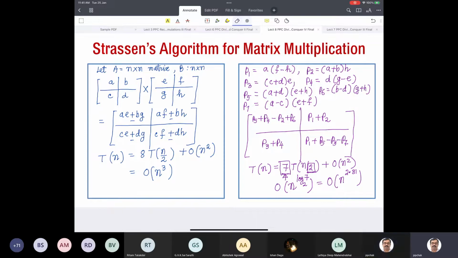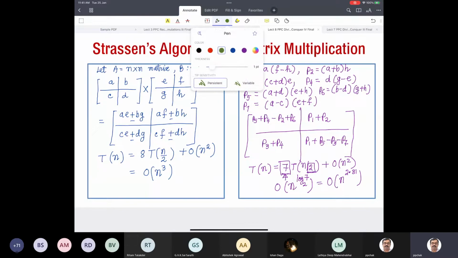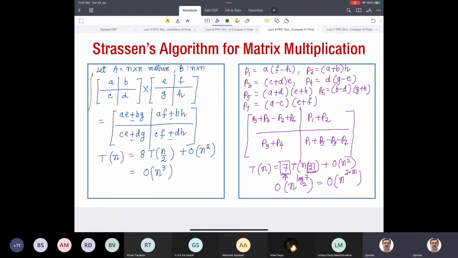Here again, I have two n by n matrices, A and B. One is broken up into 4 n by 2 submatrices, A, B, C, D. The other is broken up into 4 n by 2 submatrices, E, F, G, H. And if you do matrix multiplication, you have to do AE plus BG for this portion, AF plus BH for this portion, CE plus DG for this portion, CF plus DH for this portion.